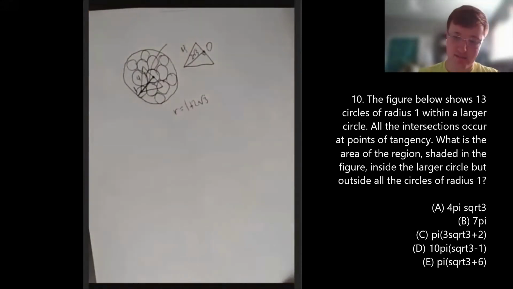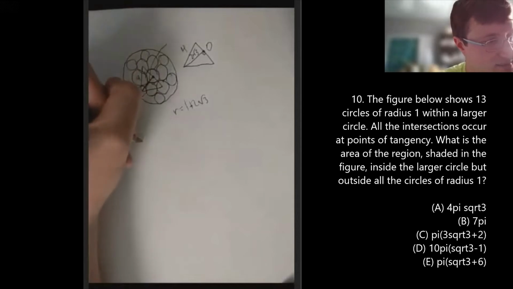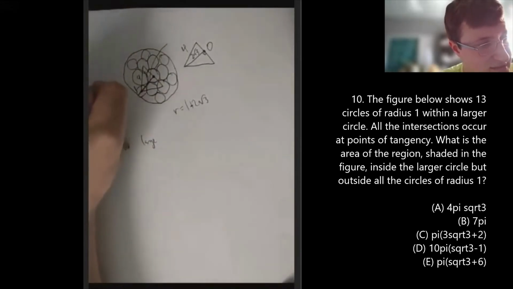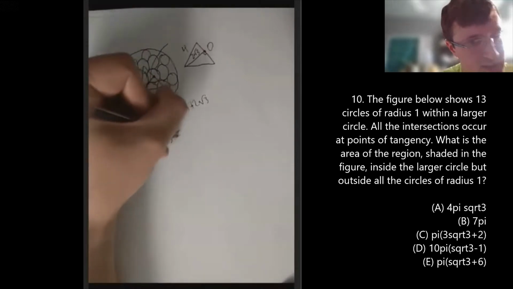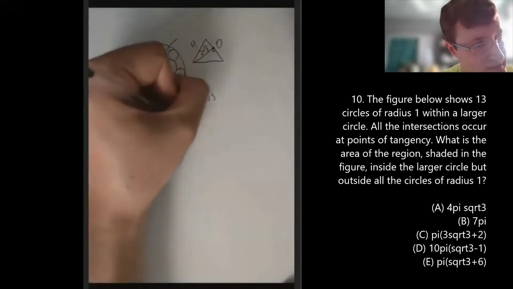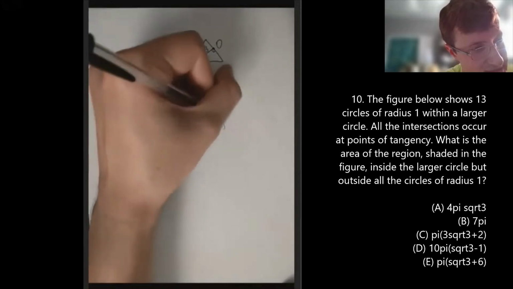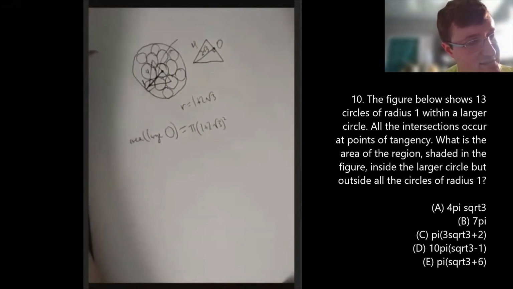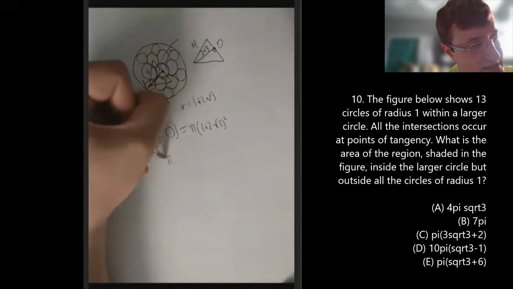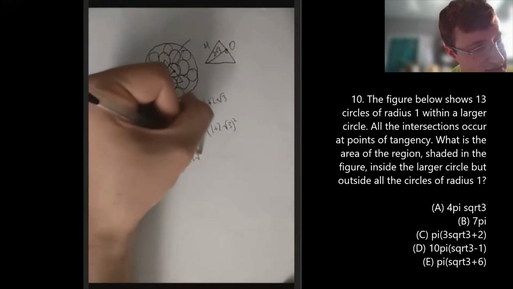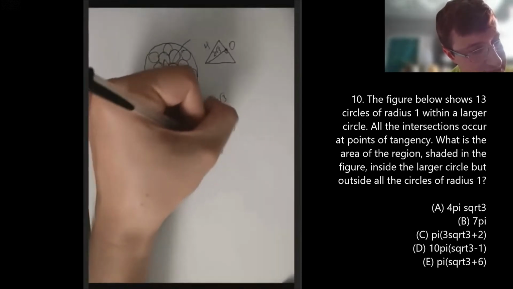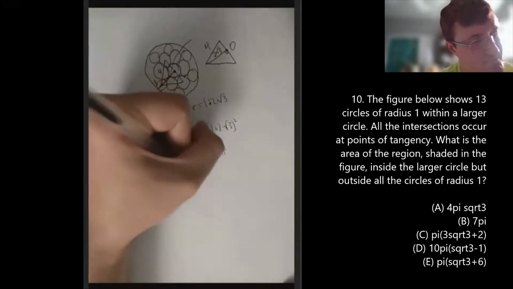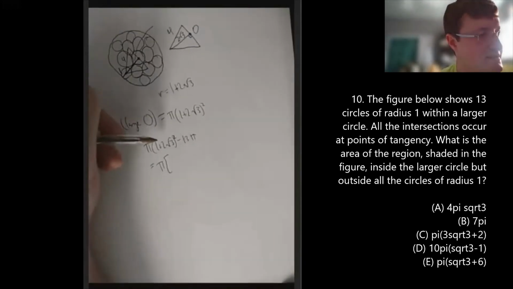Now I need the area inside the large circle but outside all the smaller circles. The area of the large circle is pi times 1 plus 2 root 3 squared, and the smaller circles each have area pi, so I subtract 13 pi. So pi times 1 plus 2 root 3 squared minus 13 pi. Oh, that's interesting.